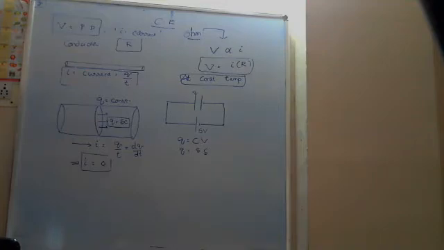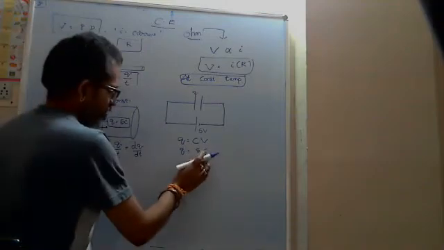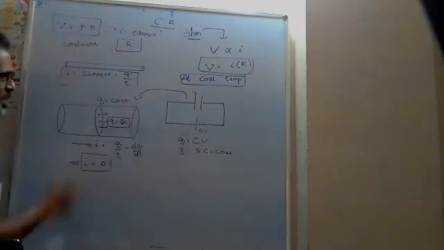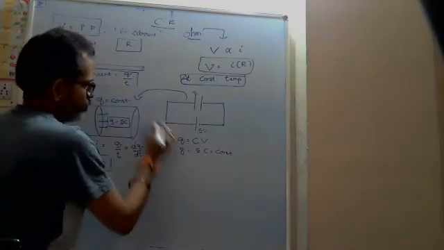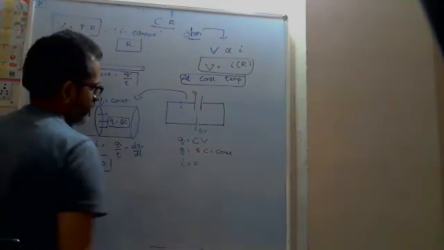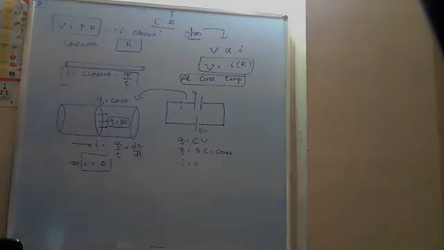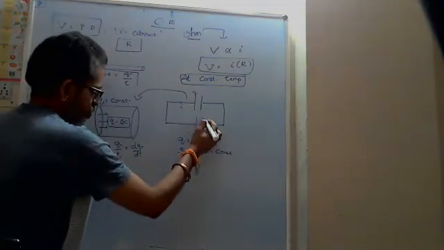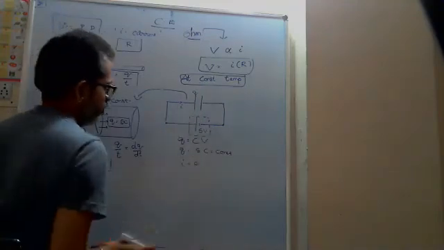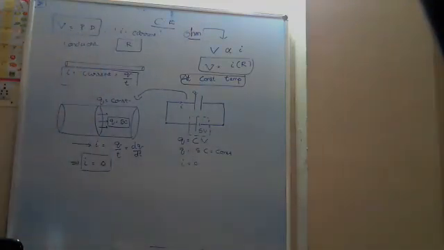Constant. Good. Since it is constant, if I connect this to the current electricity model, what is the current flowing through the circuit? 0. Obviously it is 0. Very good. So when a DC source that maintains constant potential is connected to the capacitor, we say the current flowing through the circuit is 0. The charge it will get, but the problem is it is constant.